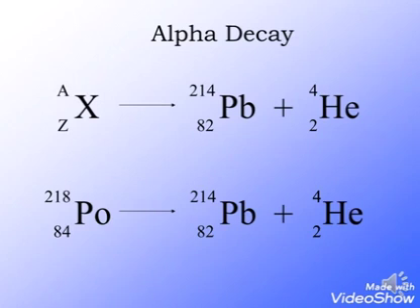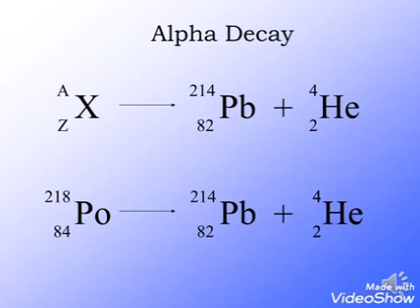Now, that 84 is the number of protons present in the parent atom. A daughter nucleus has 214 as its mass number. If we are going to add 4 to it, it will give 218. Again, the 218 is the mass number of the parent atom.